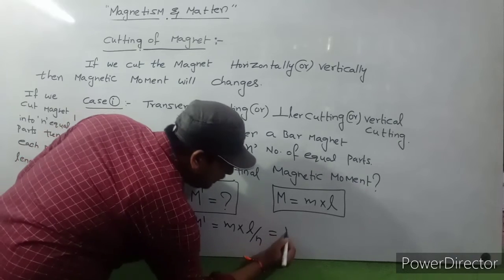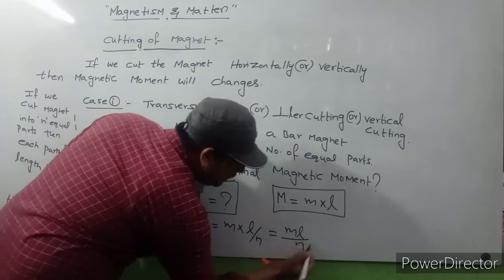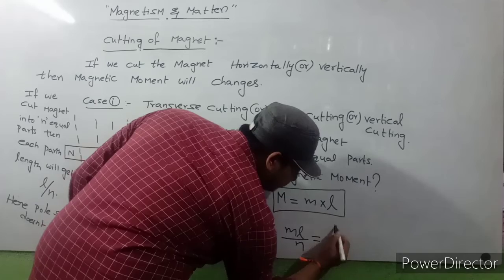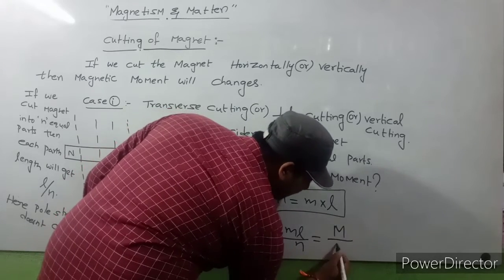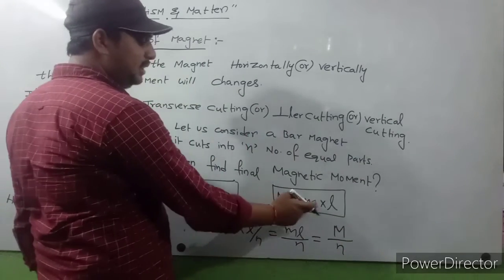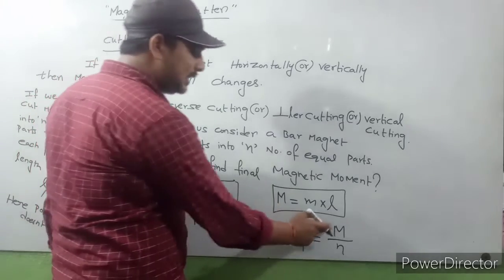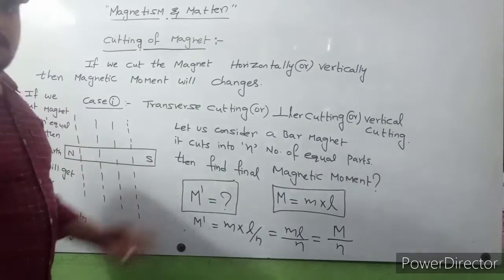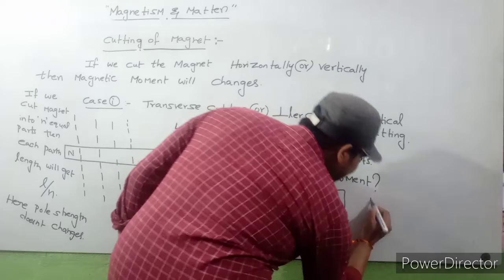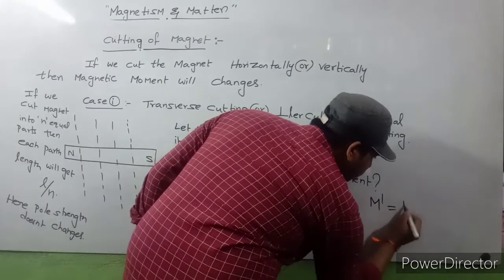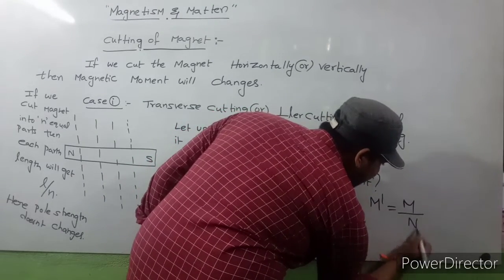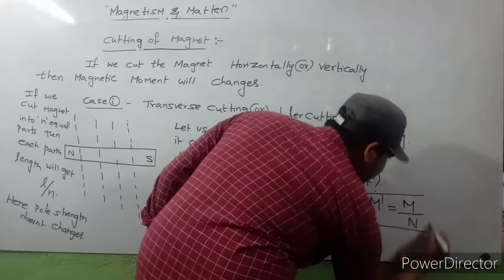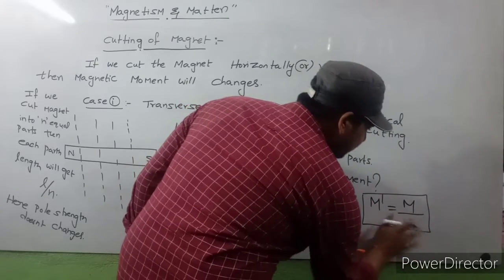Then we'll get mL by n. mL means initial magnetic moment, that value is capital M. So finally we got the final magnetic moment M dash is equal to M by n.